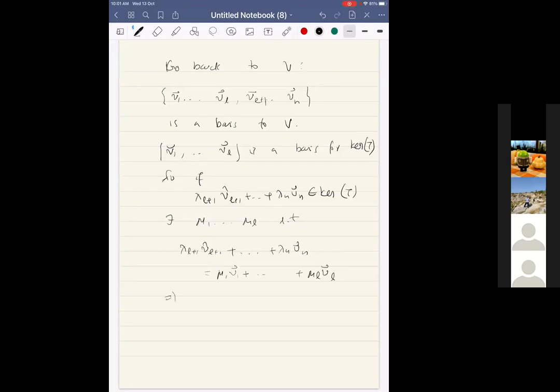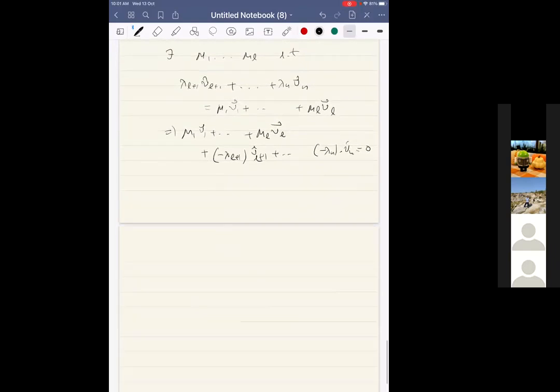This implies mu1 V1 plus ... plus mu L VL minus lambda L plus 1 V L plus 1 ... minus lambda n Vn is 0. But V1 to Vn is a basis.